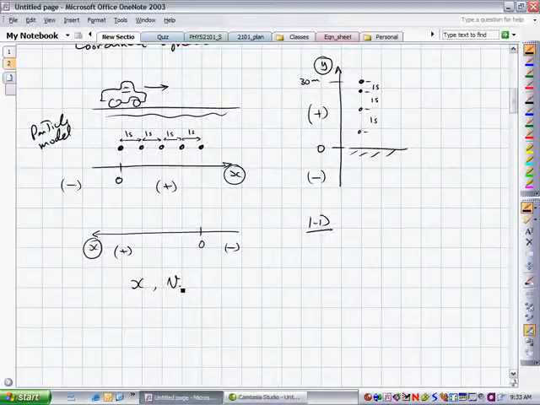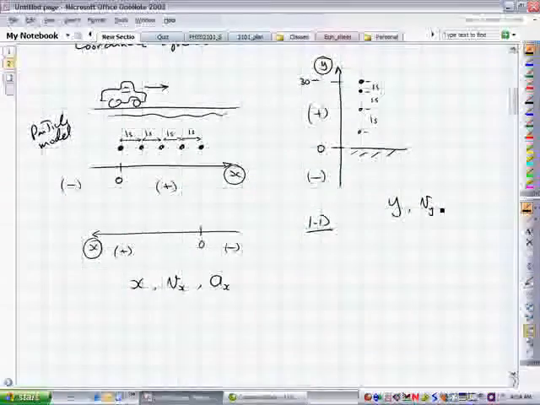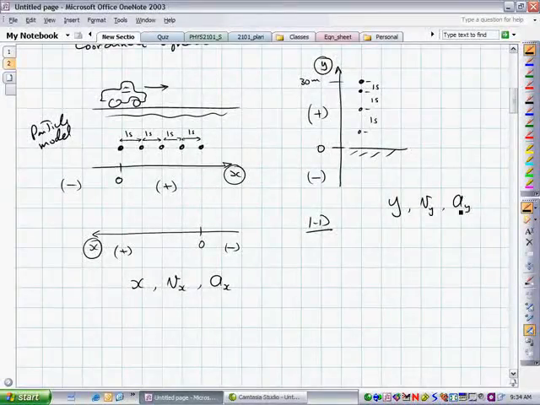Velocity is simply the x-coordinate of the velocity vector, and acceleration is the x component of the acceleration vector, or ax. In the case of the falling rock, position is given by y, velocity vy, and acceleration ay. And of course, whether you have a positive or a negative value is determined by your choice of the coordinate.